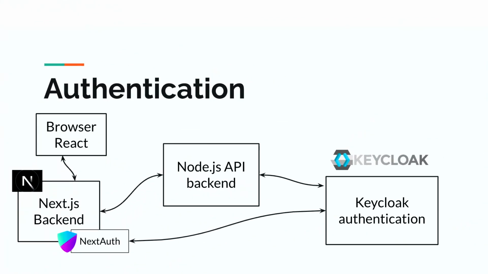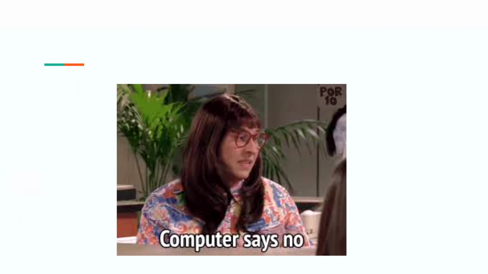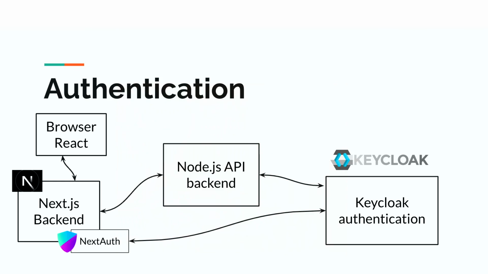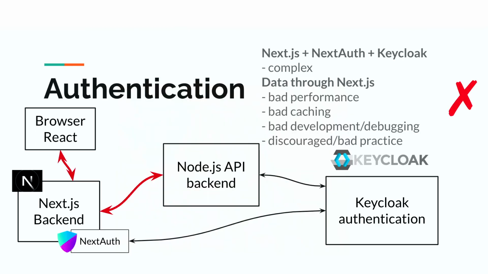But it was not a good idea. So we also did a rewrite. This is the authentication we eventually ended up with. Now I'm going to explain why it was a bad solution.